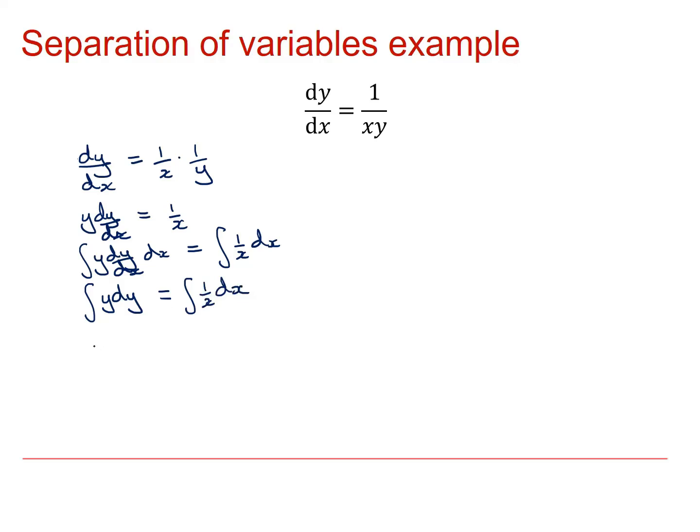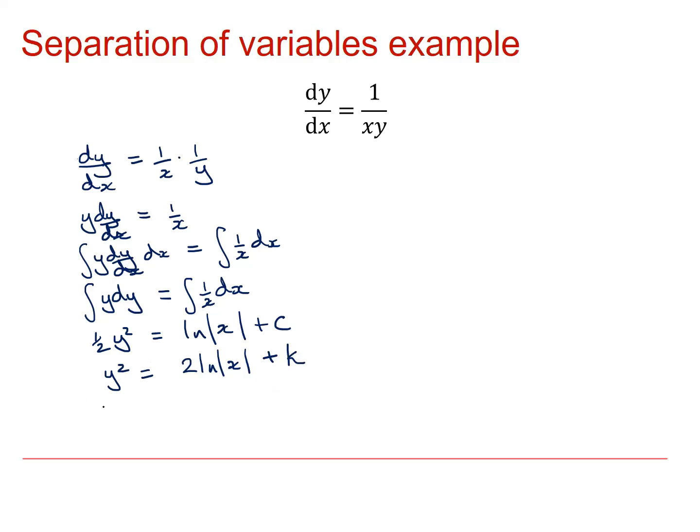We'll do the integration. We get a half y squared is equal to the log of mod x plus c. Now if I multiply through by 2, I'm going to get that y squared is equal to twice log of mod x plus c is just an arbitrary constant, so I'm going to write a new constant k, thinking about k as being twice c.